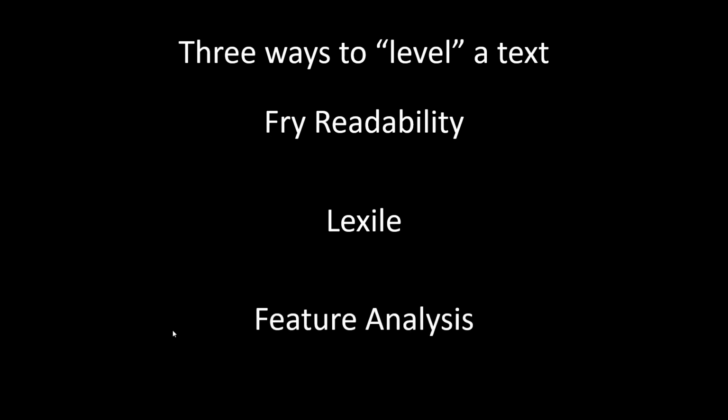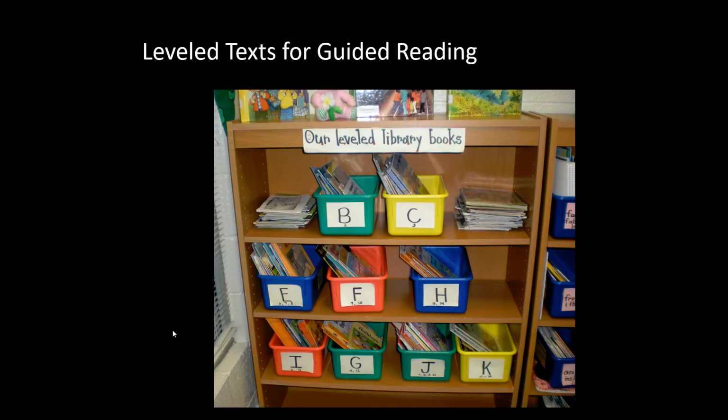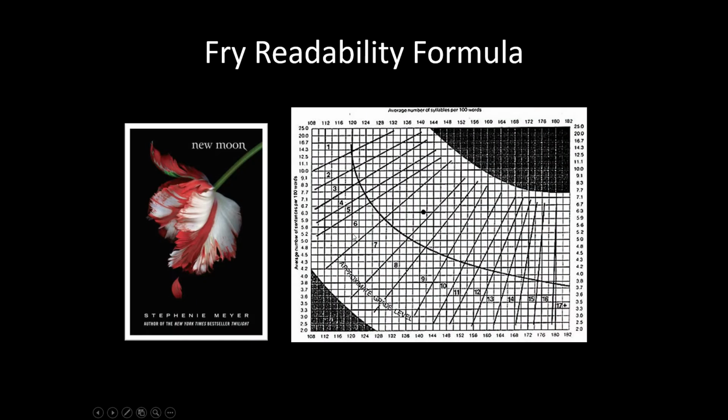And finally, there's this thing called feature analysis, which would be another way to level or determine the difficulty of a text. So when we're talking about a level A book or a level B book, we're saying that the level A book is easier than the level B book, but what makes them those particular levels?